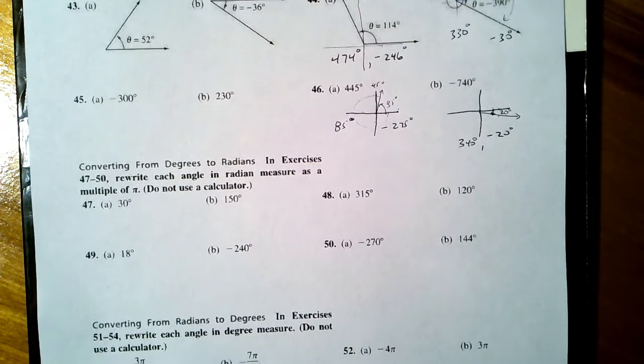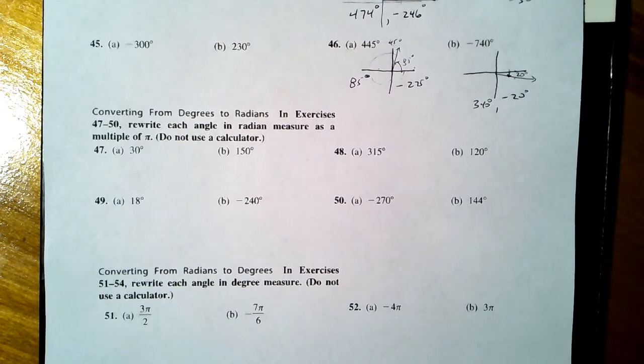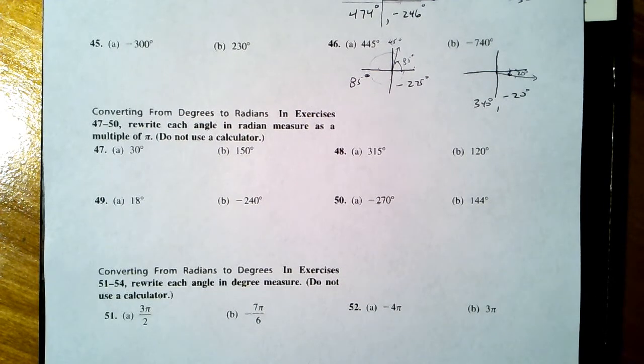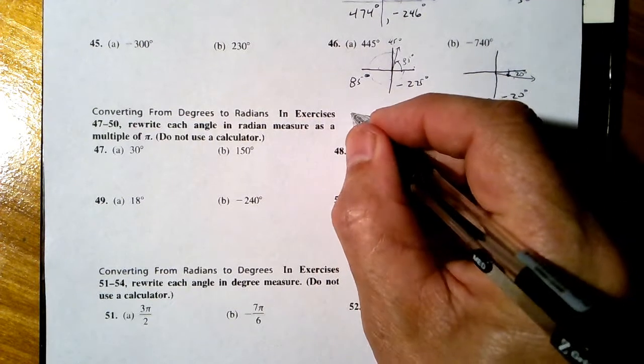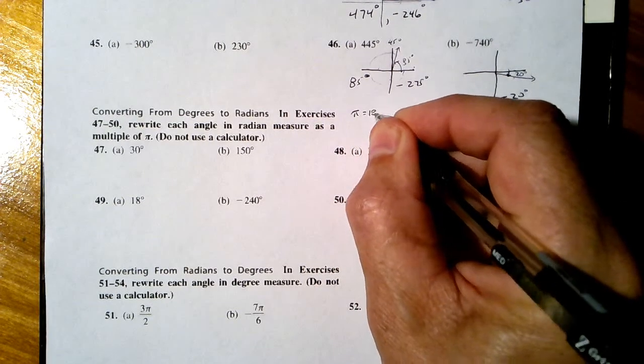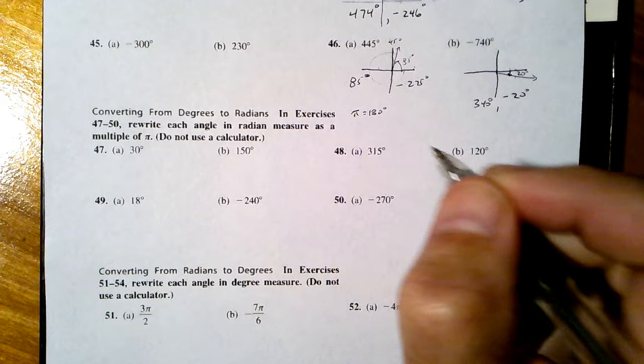Rewrite each angle in radian measure. Now, a couple ways we can do this. It says, do not use calculator. Rewrite each angle in radian measure as a multiple of pi. And one way you could do it, remember, pi equals 180 degrees.